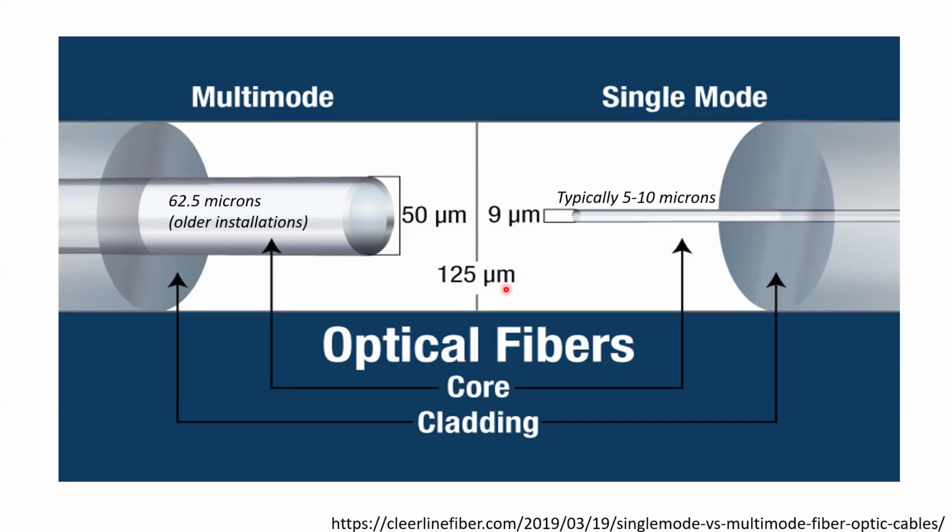And the current way things are being produced in 2025 or so, the size of the core in the multi-mode is about 50 microns. And the typical size is anywhere from 5 to 10 microns, typically 9 microns for the single mode.